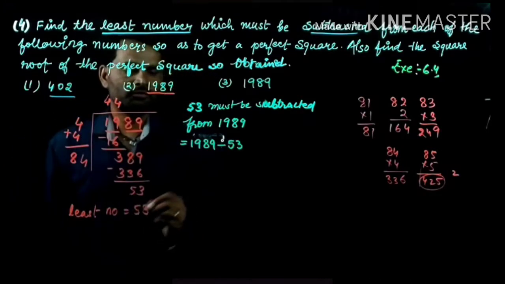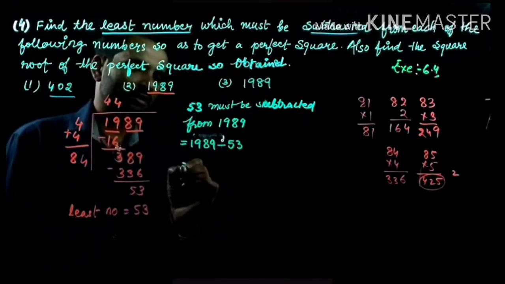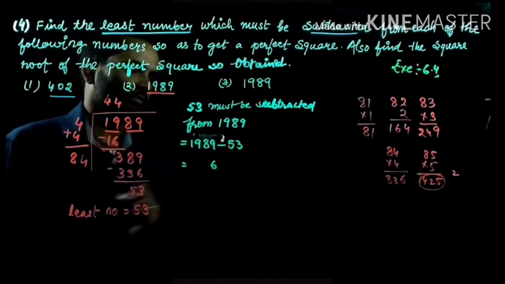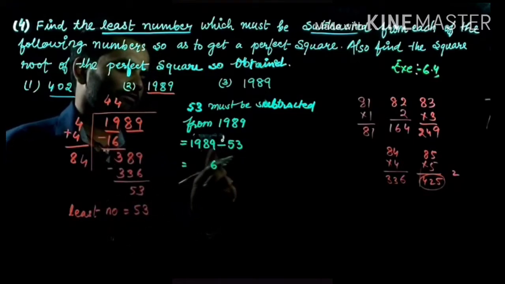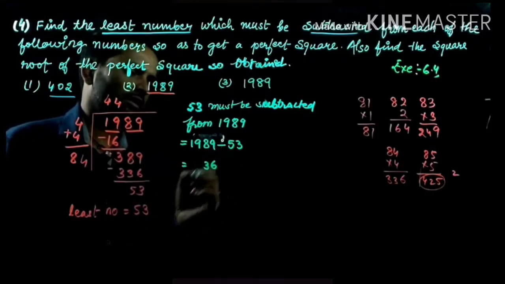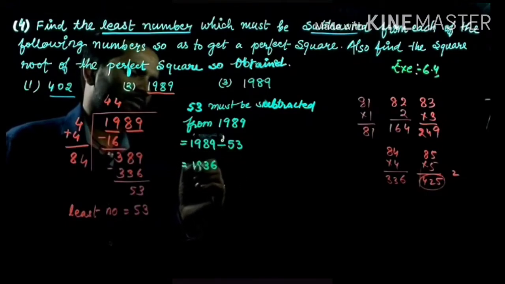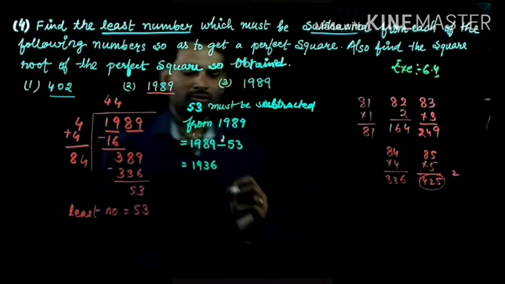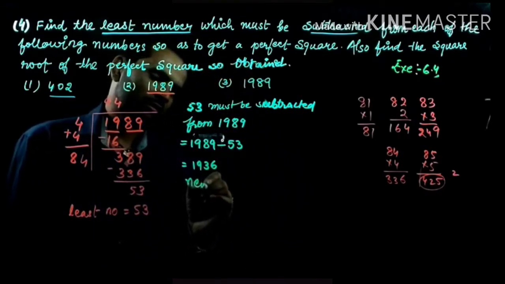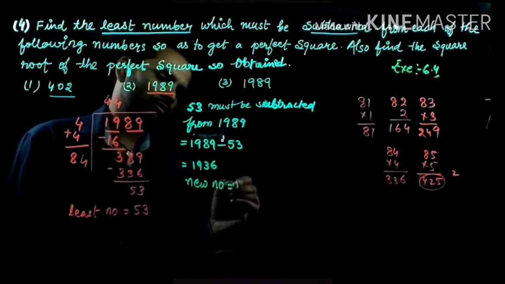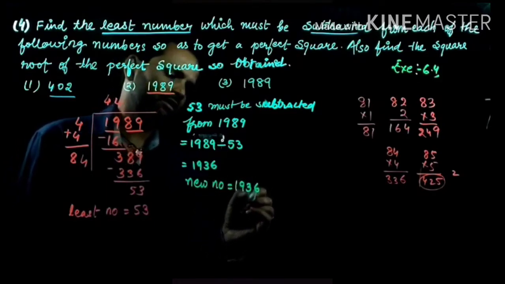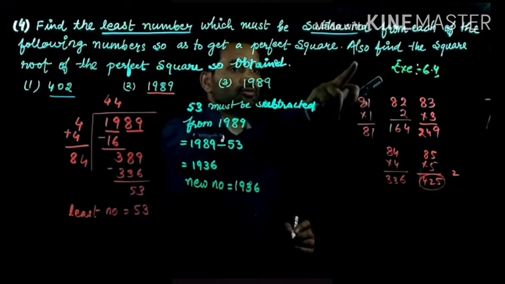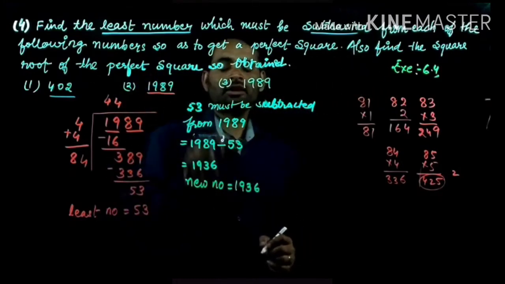Okay, after subtraction of 53, it is 6, and then 3, and 19. Okay, the new number is 1936, and the question also asks to find the square root of the new number.